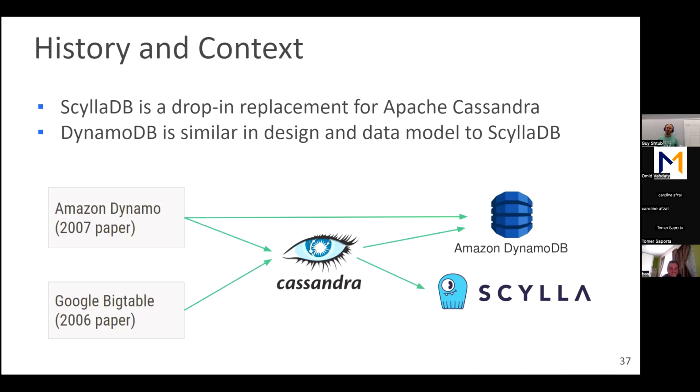And ScyllaDB was developed originally as a drop-in replacement for Apache Cassandra. So many of the concepts in the architecture were the same. However, ScyllaDB was written in C++.